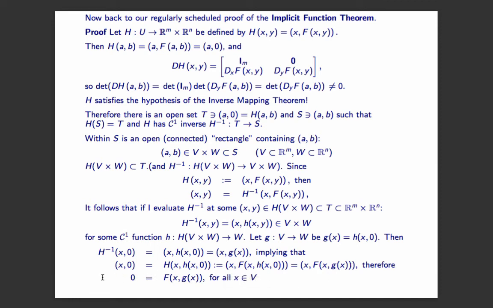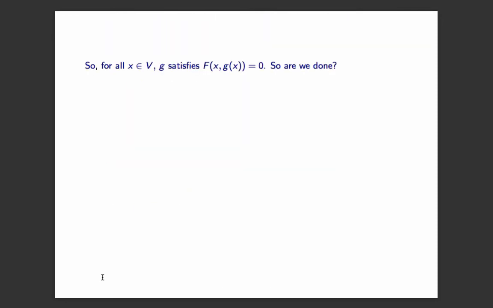In other words, f(x, y) equals 0 implicitly defines G for all x in some open set V. So let's repeat that. For all x in V, G satisfies f of (x, G(x)) equals 0. Are we done? We showed that f(x, y) equals 0 implicitly defines a function G.